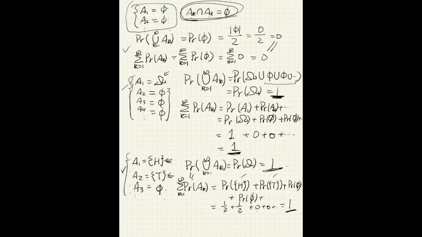And I think there are no other possibilities, right? So these cover all the possibilities. So in any case, we have seen that the third condition for probability measure is satisfied.